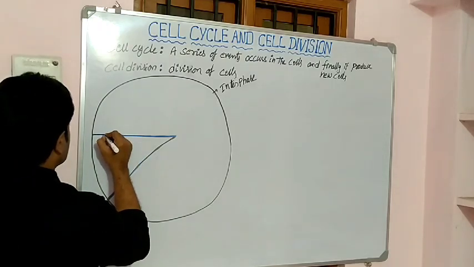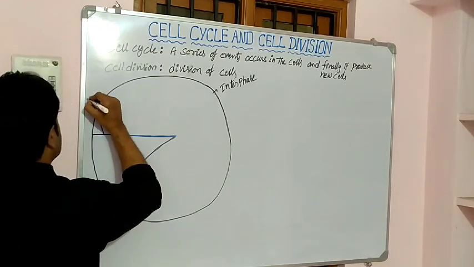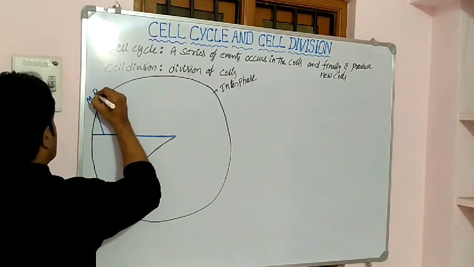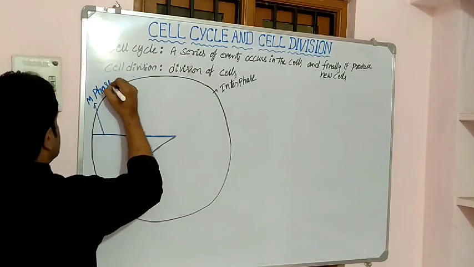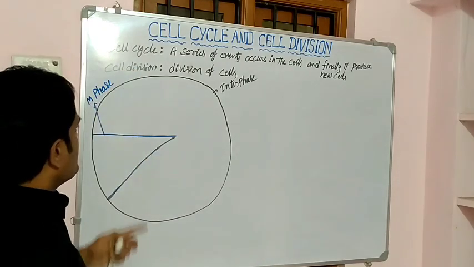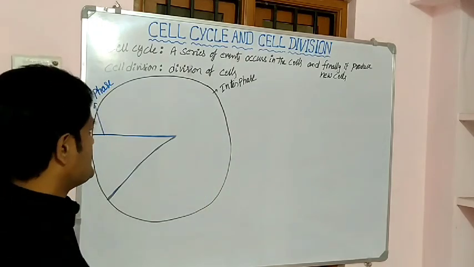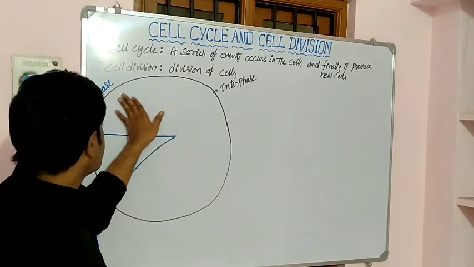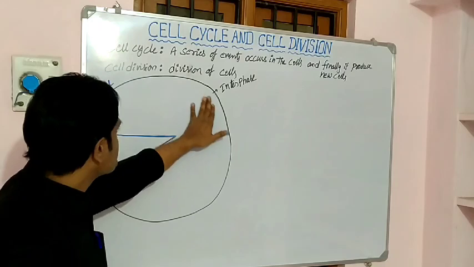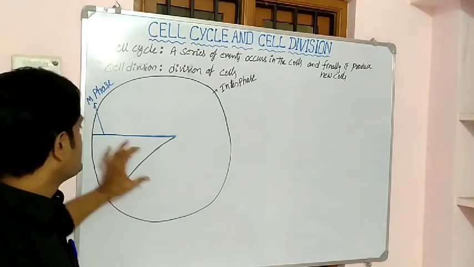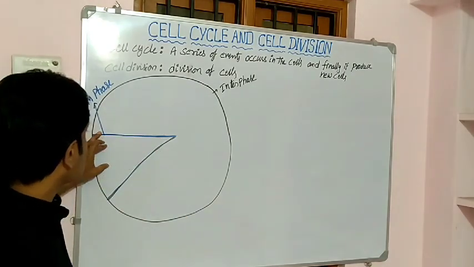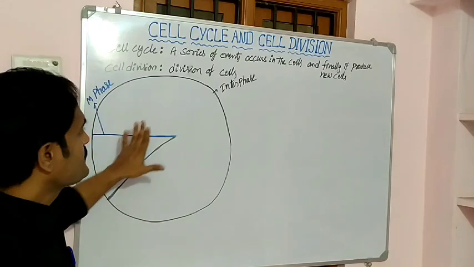So the cell cycle consists of two phases: the full phase is called interphase, then the small phase is called M phase.